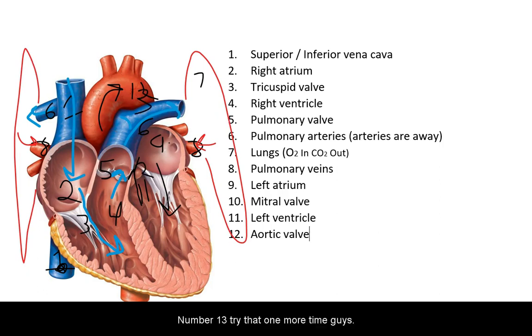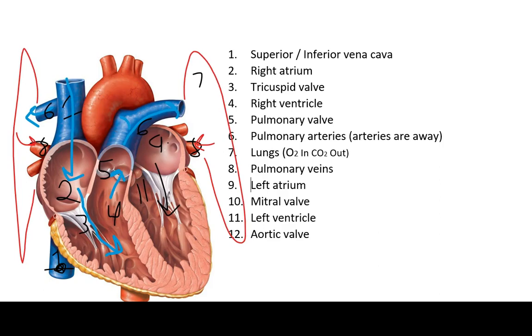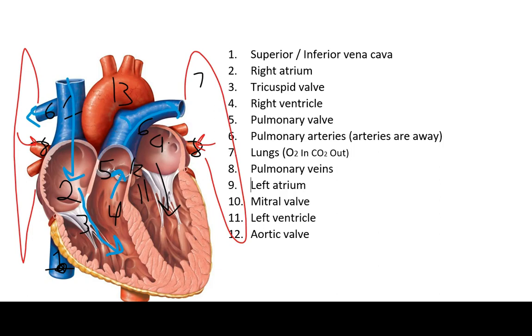This will be number 13. Let me try that one more time, guys. This is number 12. This is number 13. So it goes from the aortic valve into the aorta, and the aorta takes it out to the body.